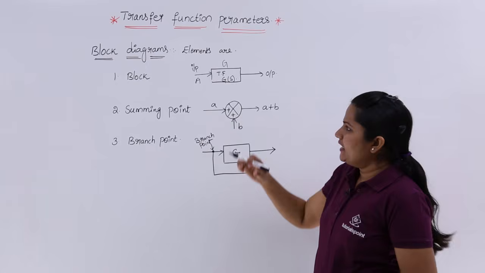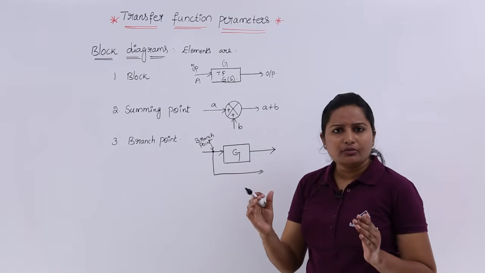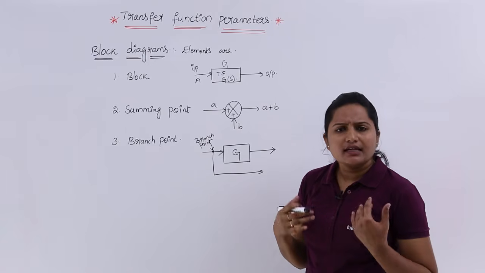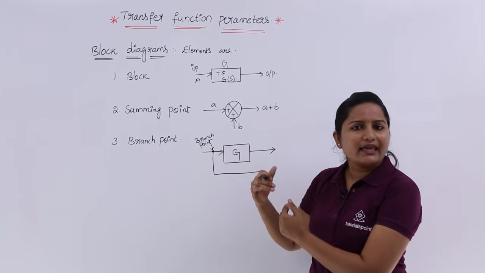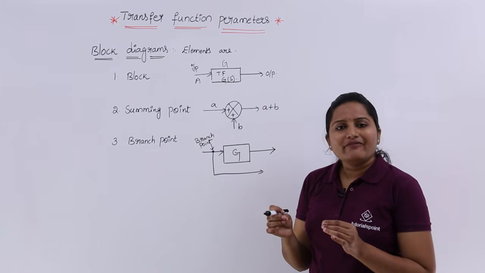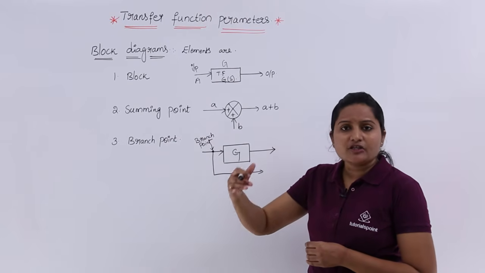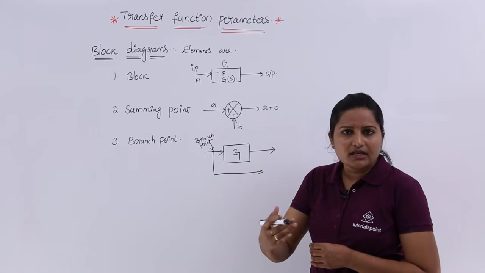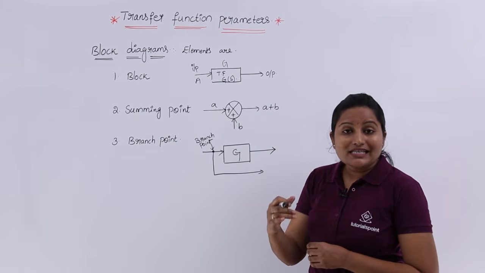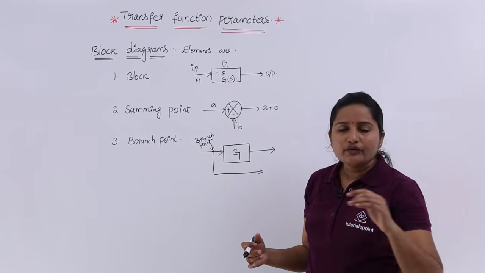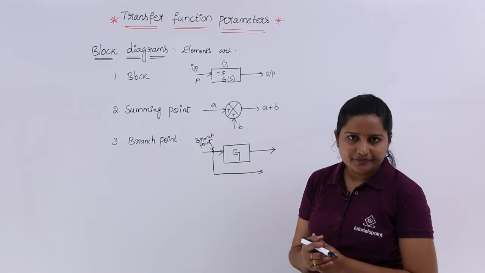If the block function is 1 by G, then your signal is modified to A by G. So, whenever any signal enters any block, according to the functionality of that block representing a component, the signal is going to vary, according to the characteristics of that block.